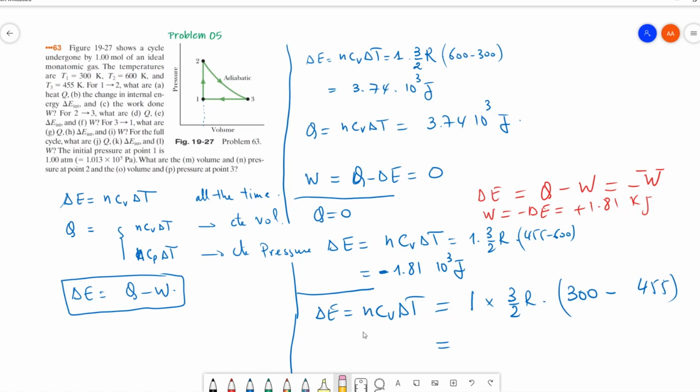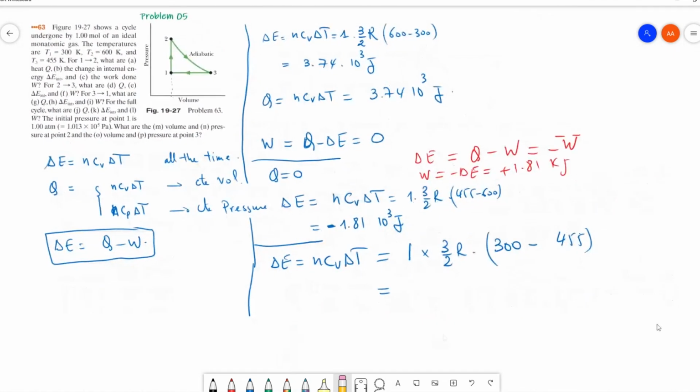Then we need Q. Q here is equal to what? It's isobaric, so I need to use n Cp delta T. N is 1 mole.